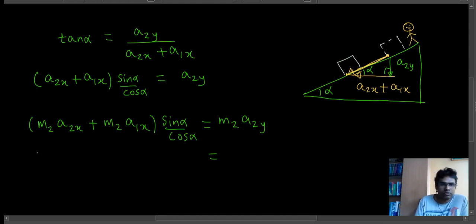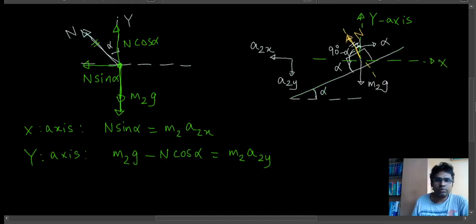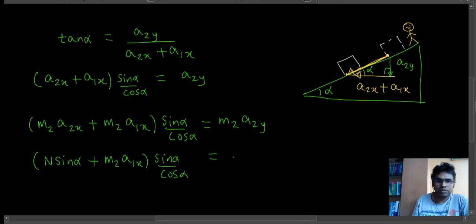So this is n sine alpha plus m2 into a1x multiplied by sine alpha upon cos alpha. That in turn is equal to m2 into a2y. So m2 into a2y is m2g minus n cos alpha.